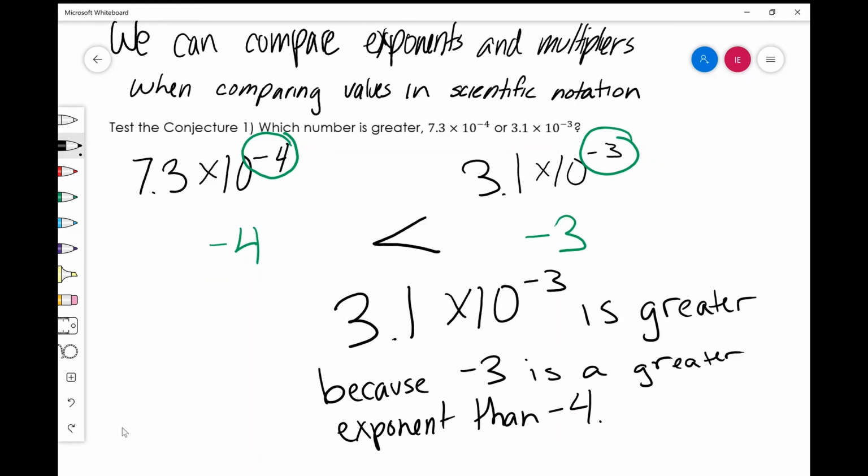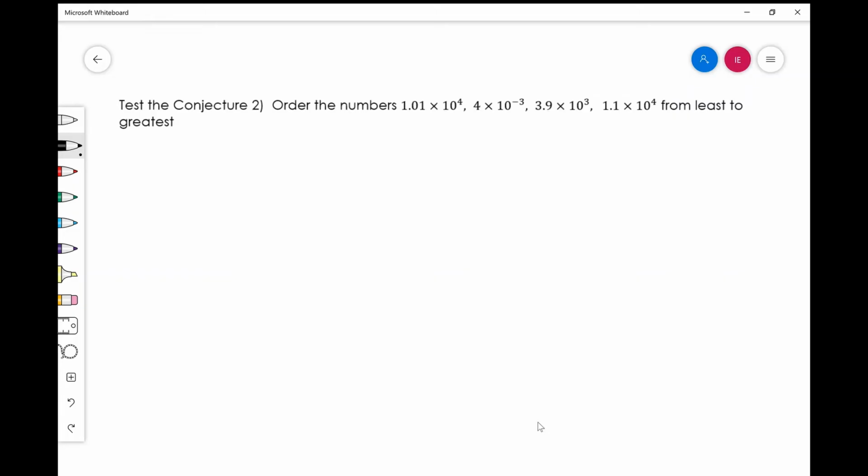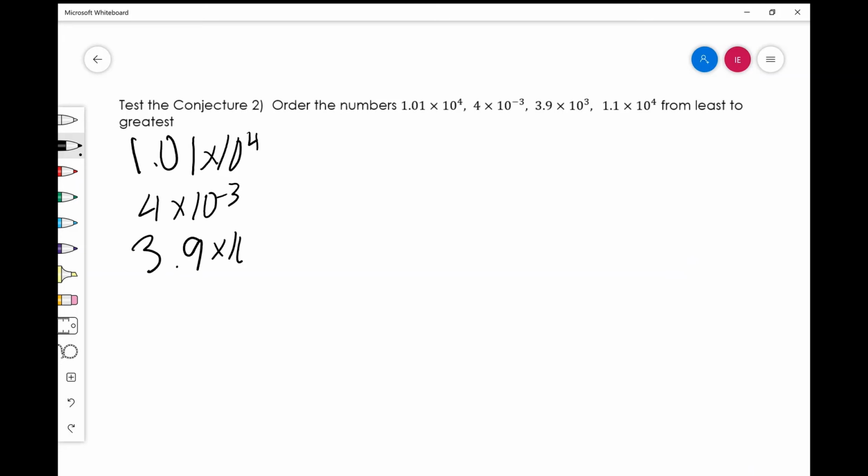Now that we know how to compare values in scientific notation, why don't you go ahead and start number 2 of Test the Conjecture on your own. Order the numbers from least to greatest. So our numbers are 1.01 times 10 to the 4th, 4 times 10 to the -3, 3.9 times 10 to the 3rd, and 1.1 times 10 to the 4th. What is the first thing that we should look at when we're comparing our numbers?